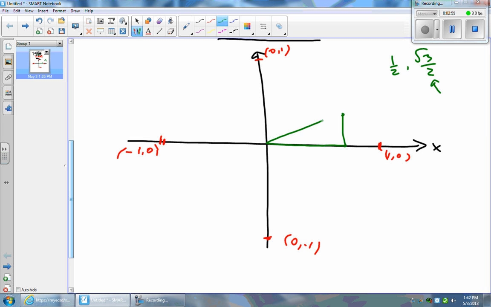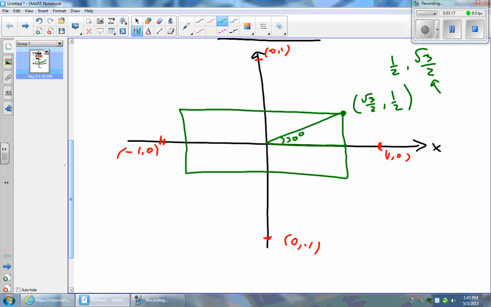As soon as you do that, you have a 30-degree angle right there. So you know what's really cool? This has a coordinate point of root 3 over 2, 1/2. Now, check this out. If you draw a box just like this, every one of these coordinate points is root 3 over 2, 1/2.